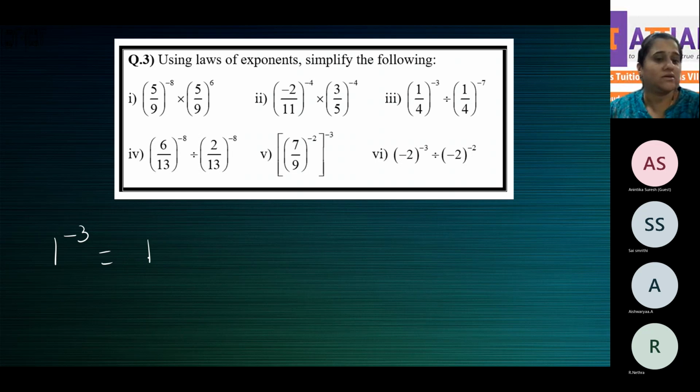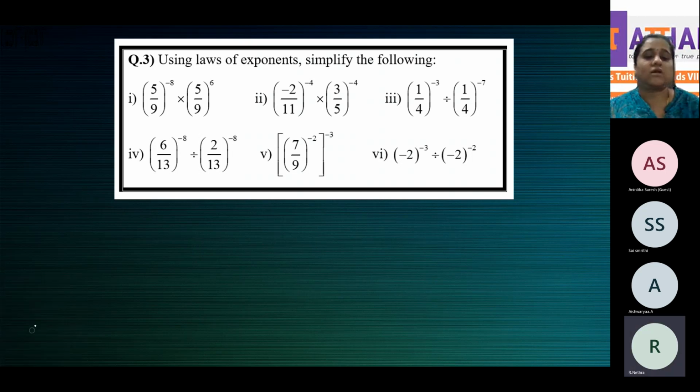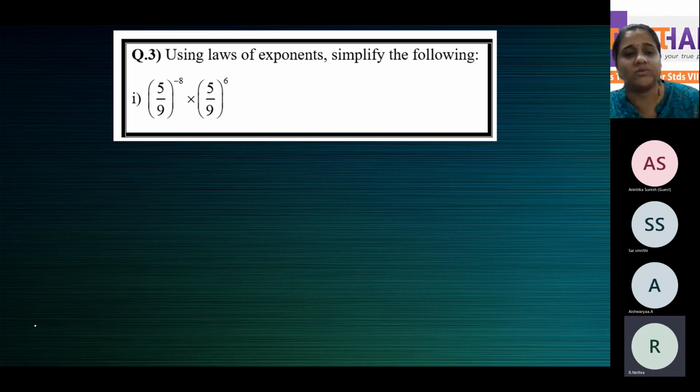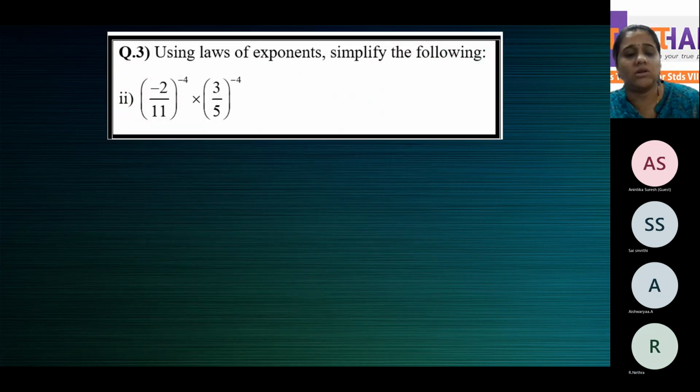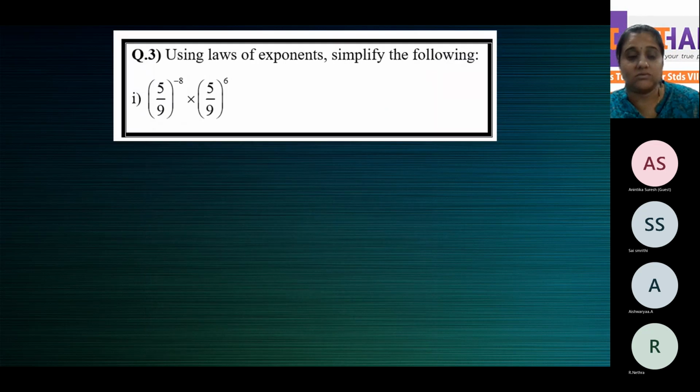It's 1 only. 1 and minus 1 are their own reciprocals. The reciprocal of 1 is 1, and of minus 1 is also minus 1. I'll share all these answers with you. So that's about this.